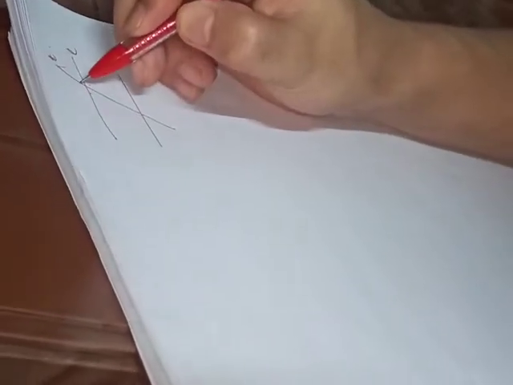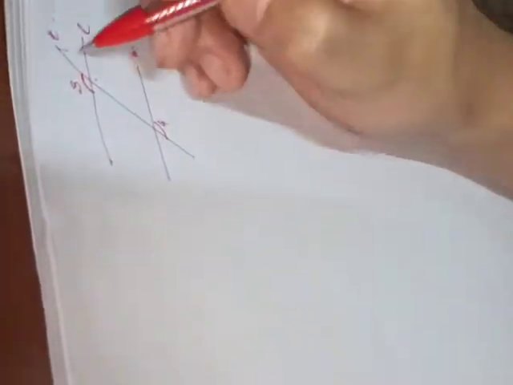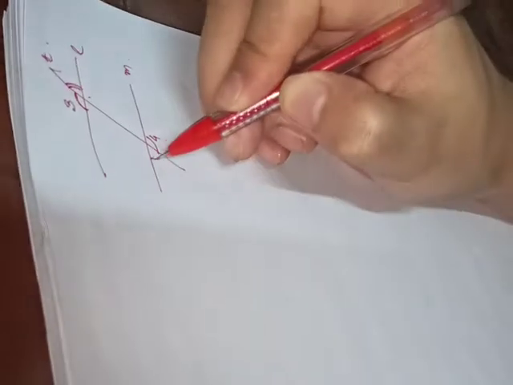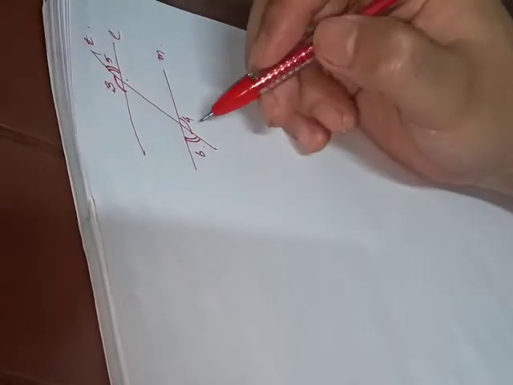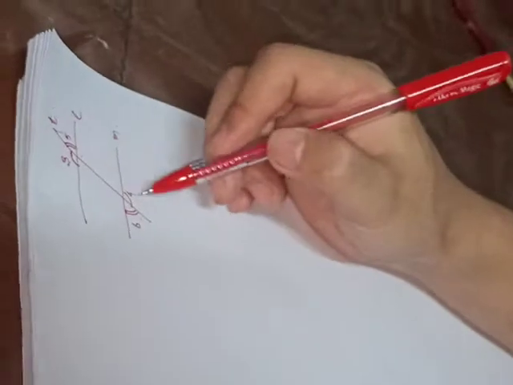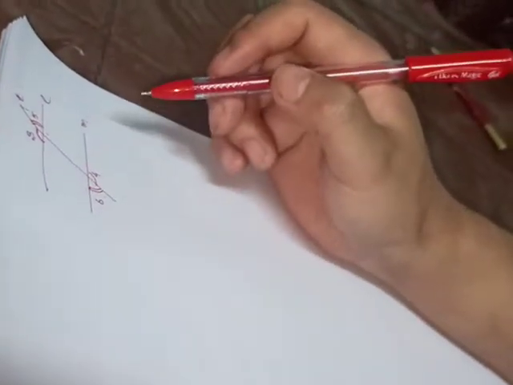Now outside the parallel lines, let me label this angle and this angle as 3 and 4, and then this angle and this angle as 5 and 6. These 3 and 4, 5 and 6 are also alternate angles, but since they are outside the parallel lines, we call them exterior alternate angles.